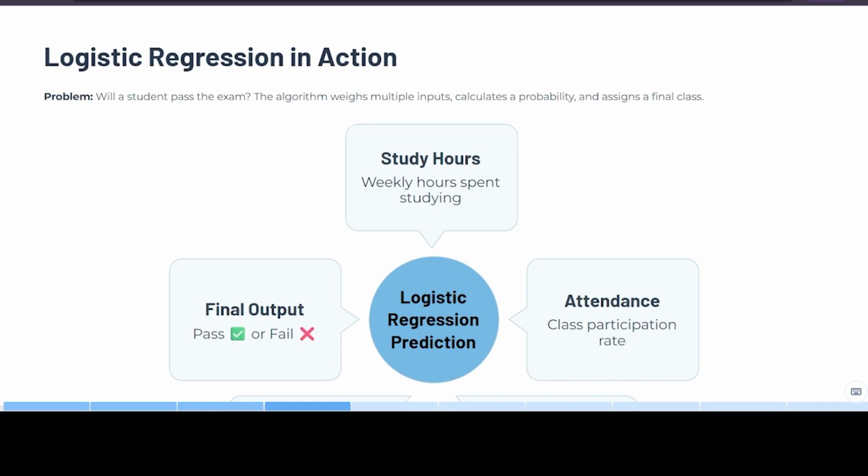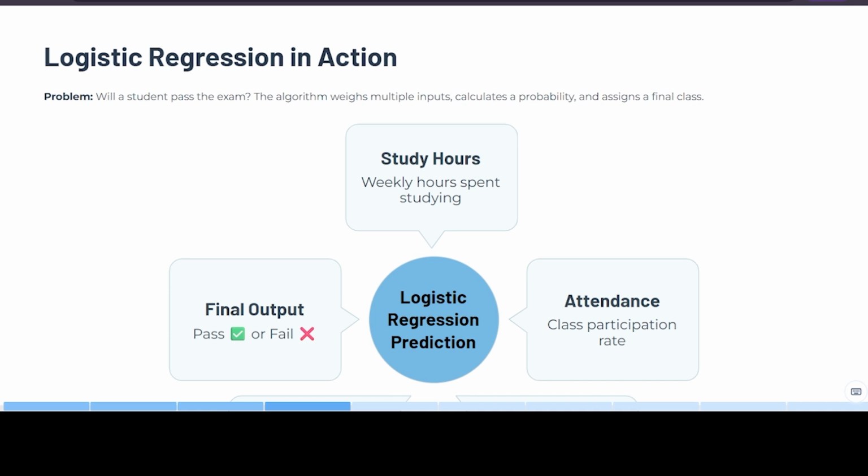Now suppose the student studied for 8 hours, has 92% attendance, and scored well in the previous exam also. The machine learning model will automatically calculate the probability. Suppose it gets 95 percent. Since the probability is very high, the model predicts pass. If it is below 50, or say 40, it will automatically predict fail.